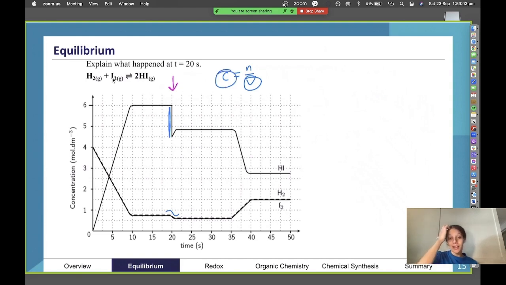But because we only have that sudden change in the HI, that means we have a decrease in concentration. So we've decreased the concentration of HI, and the H2 and the I2 are reacting accordingly by decreasing their concentration, because we're favoring the forward reaction at that point.